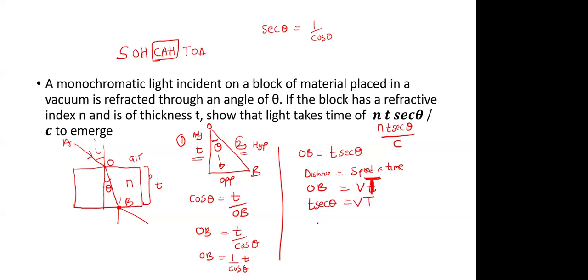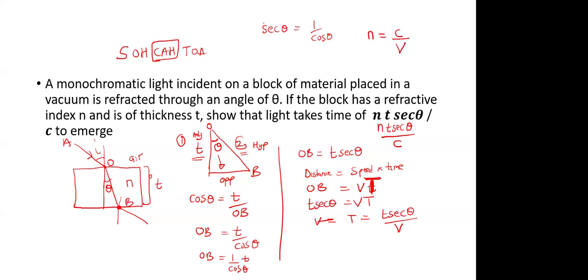I can say that our time is given by T sec theta out of V. But still, we know very well that refractive index is the speed of light in vacuum out of the speed of light in a given medium.